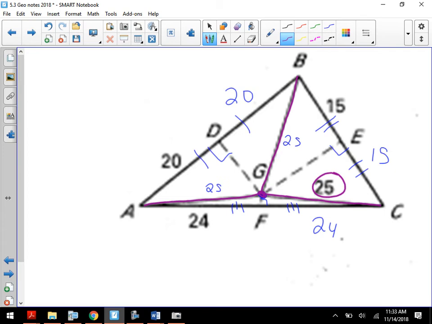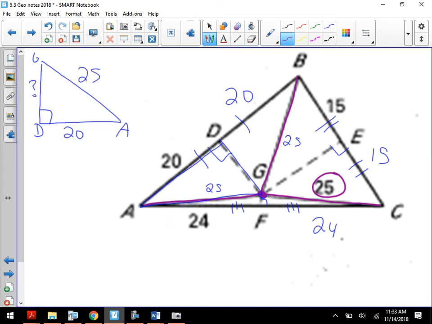Now, it also is asking you to figure out what DG, GE, and GF were. Well, if you look at it, if I draw it separately, if I say that this is DGA, this side right here. DA is 20, AG is 25.